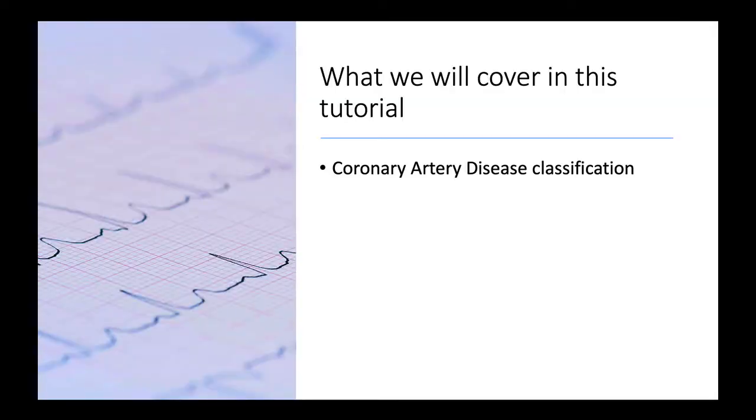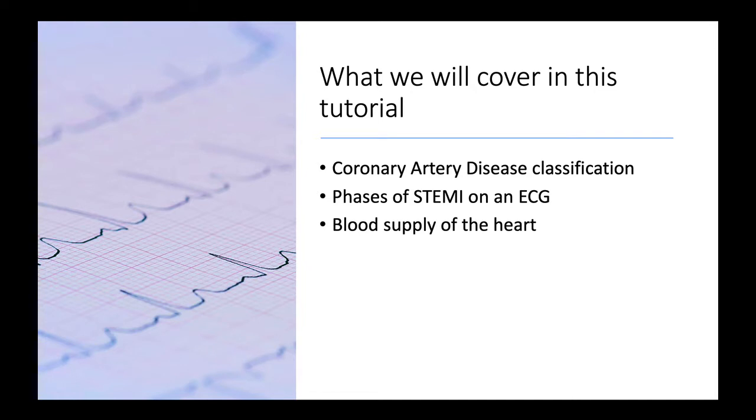So let's get started. In this tutorial, we'll be looking at coronary artery disease. We'll be looking broadly at its classification across its spectrum. We'll look into the phases of ST elevation MI on an ECG, and we'll look at the blood supply of the heart.